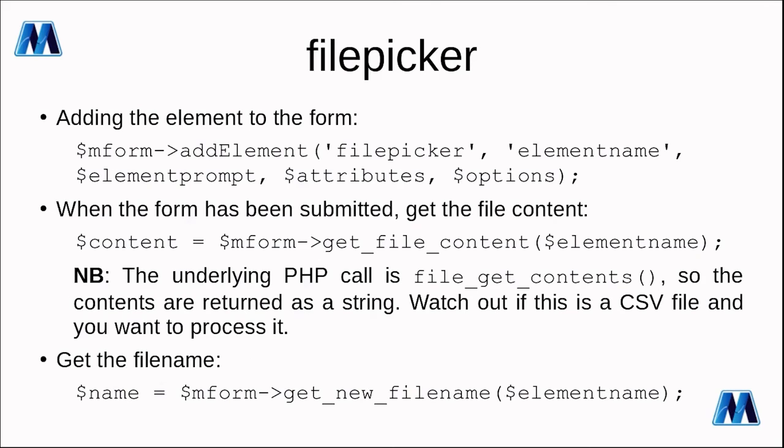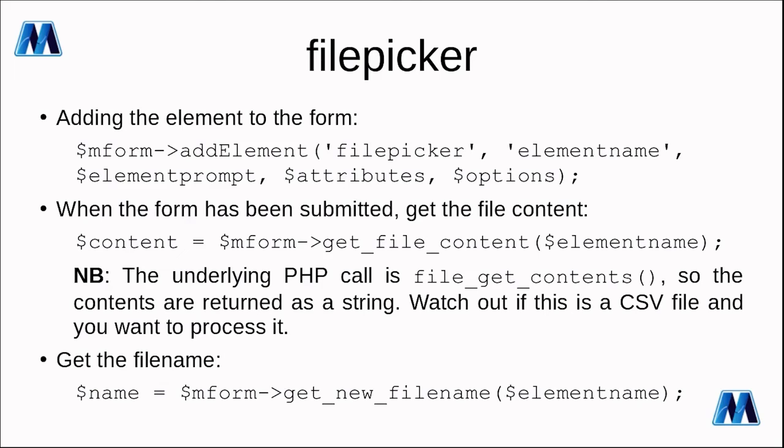So adding the file picker to a form is fairly straightforward. You add element, file picker, etc., as normal. And then when the form is submitted, to get the content from the file, you will just get file content, element name, and load it into a variable, a content variable. Note, the underlying PHP call is file_get_contents, so the contents are returned as a string.